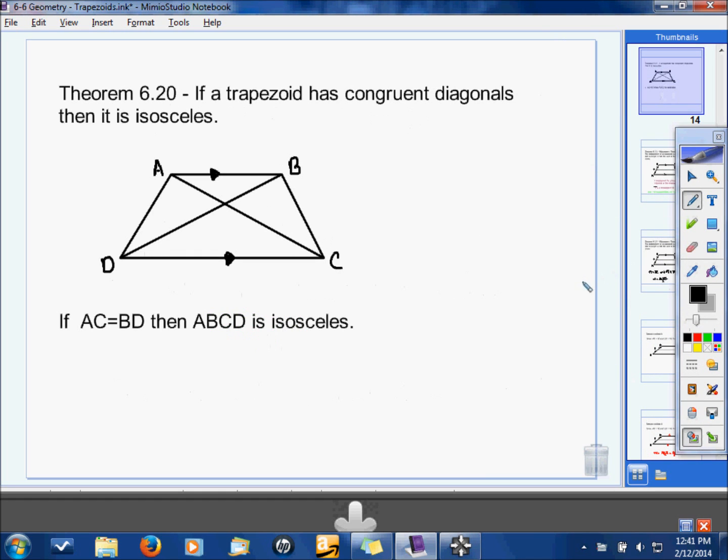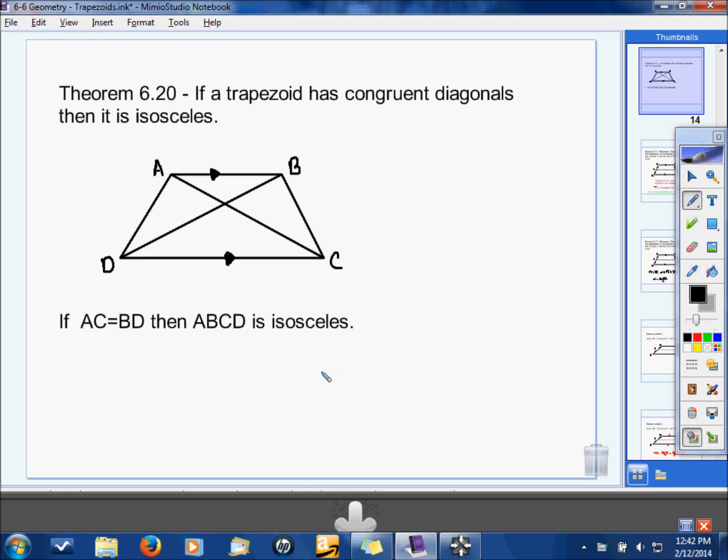And our next thing that we need to know is that if a trapezoid has congruent diagonals, then it is isosceles. It's really the converse of that other one we had. So we have a trapezoid here. In other words, if AC equals BD, then it's isosceles. It's a good way of telling whether you have an isosceles trapezoid.